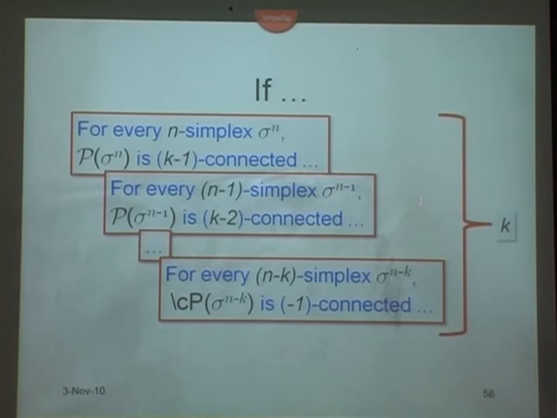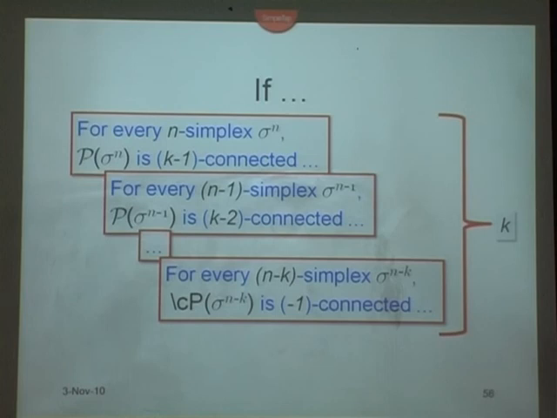So this only makes sense for protocols that tolerate k failures. We have these k conditions which basically say that you start out being k minus 1 connected, and as the dimension of the simplex drops, so does your level of connectivity. And then at the bottom, we demand that it's only non-empty.